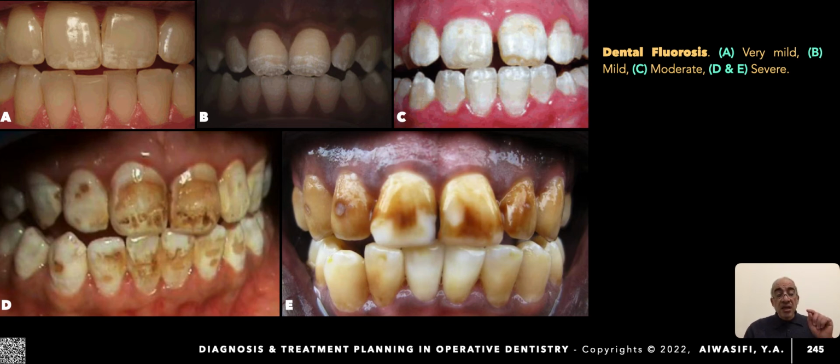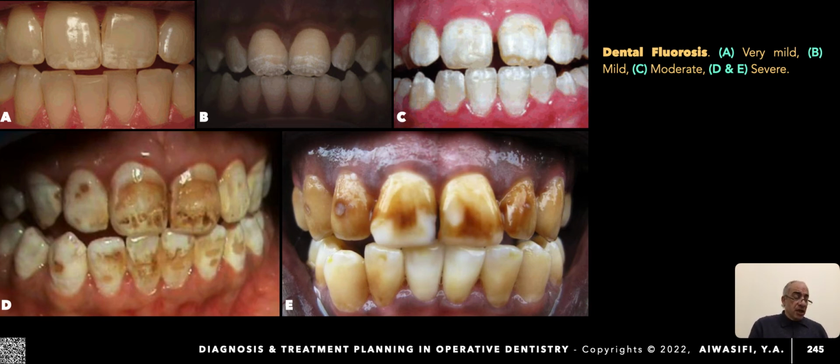That's why it is important in your demographic data, as we started for patient assessment, to get his address, where he lives, his birthplace, and history about all of these and the lifestyle in these areas. This history is beneficial when you are differentiating between hypomineralization, white patches, and the early and very mild cases of dental fluorosis. Both of them appear as white spot lesions, but how could you differentiate?